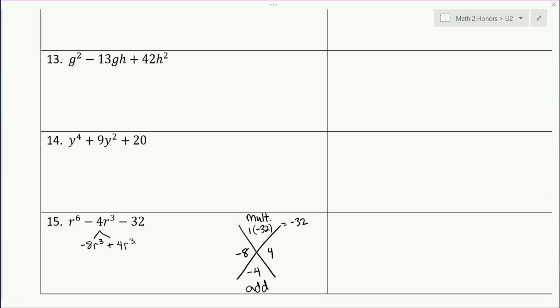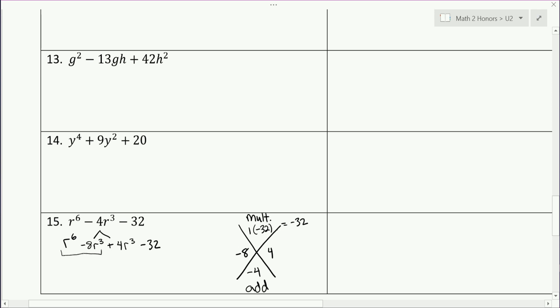So this is an R to the 3rd term, so both of these have to match it. And if you go back and look, the two middle terms always match that middle one in the trinomial. And then we bring down the negative 32, we bring down the R to the 6, and then factor by grouping, and everything else is going to work out perfectly. So it's just that adjustment, just so you know that when you split those up, they have to be the same kind of term as the term that's being split up.